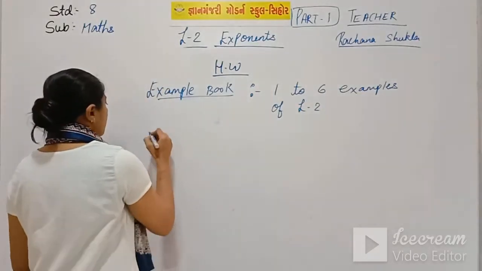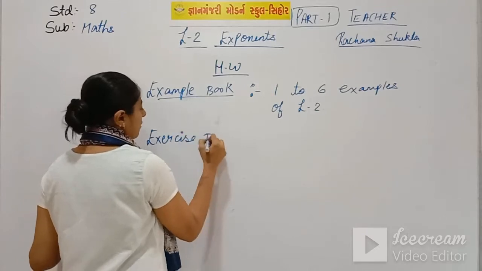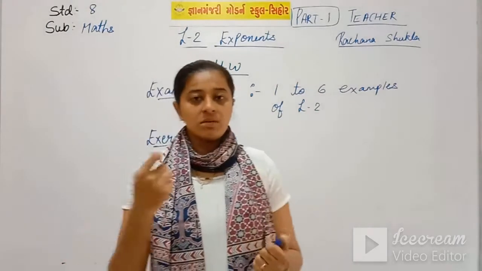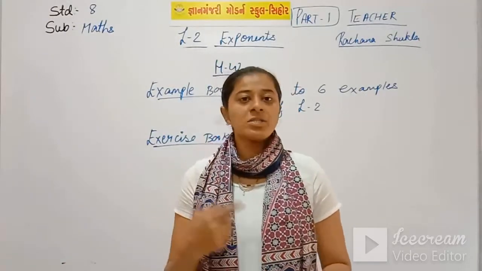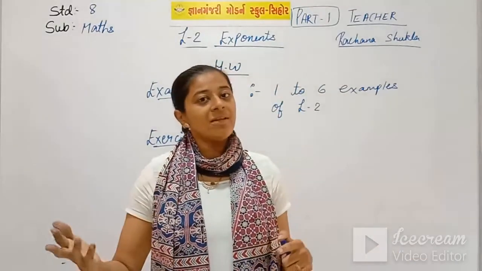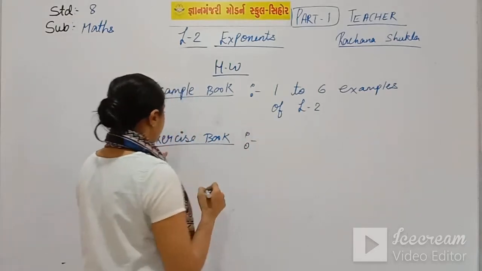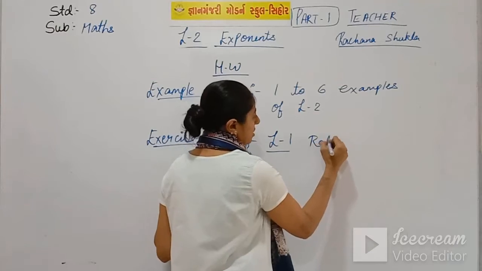Now coming to the exercise book or fair book. See, in fair book, some of the exercises of lesson number 1 are left. So first you will complete lesson number 1, rational number, and then I will give you lesson 2 homework.